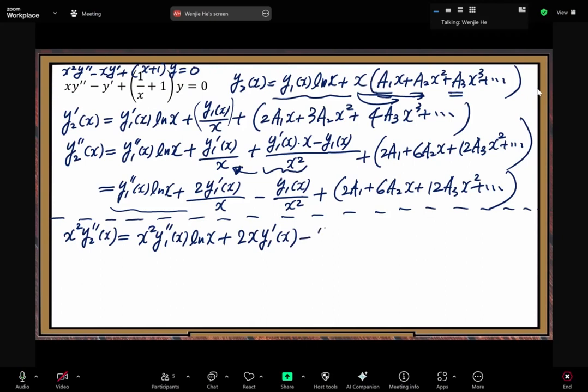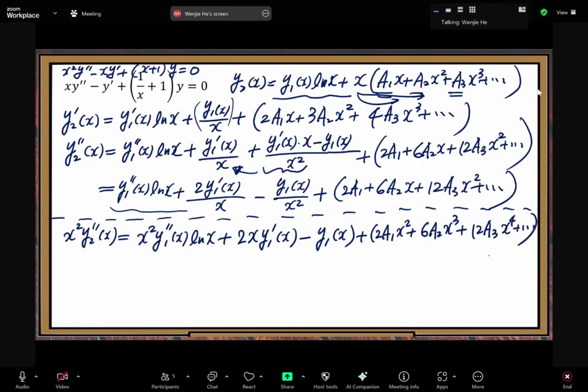That's good, minus y1 of x. Pretty nice. Then 2 capital A1 x squared plus 6 capital A2 x cubed plus 12 capital A3 x fourth.